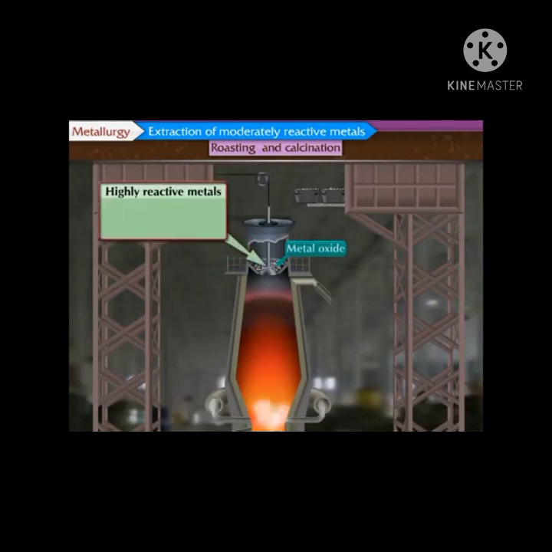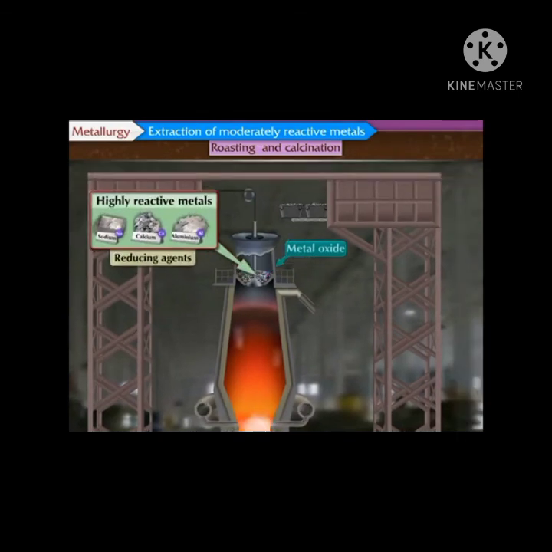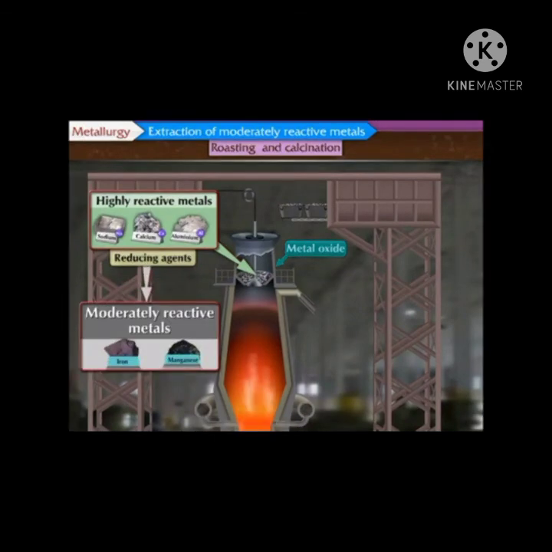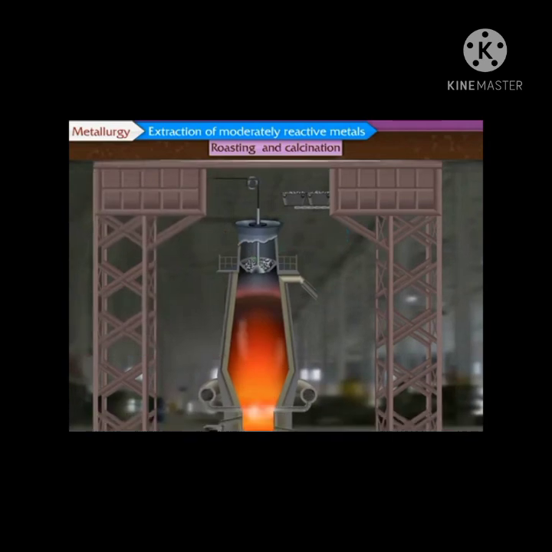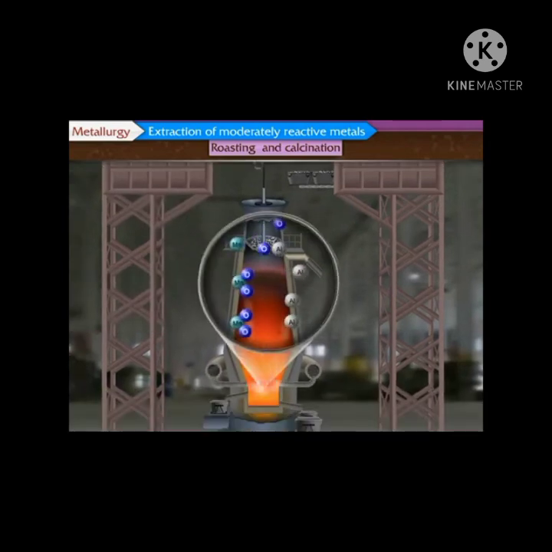Besides carbon, highly reactive metals like sodium, calcium, aluminium are used as reducing agents. To obtain the metal from the metal oxide, these metals can be used to displace the moderately reactive metal from its compound. For example, manganese metal is obtained from its oxide when it is ignited with aluminium powder.